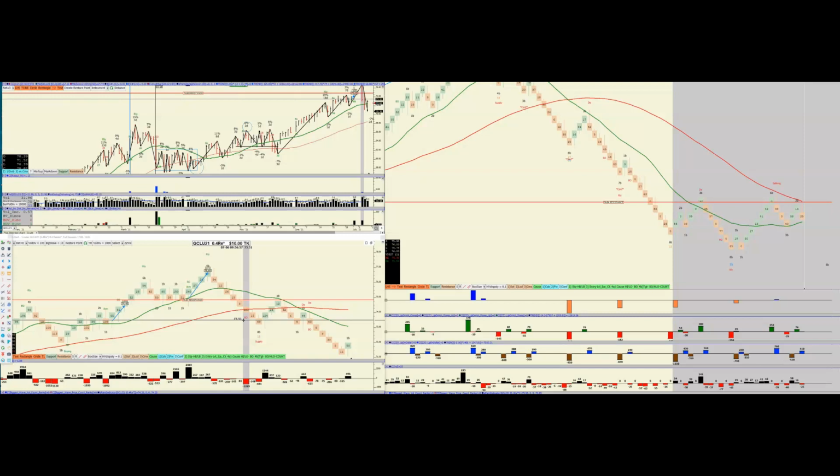It is not based on any moving average. It is not based off of VWAP. It is not based off of imagination, or Elliott's, whatever structure, or a projection of Fibonacci.